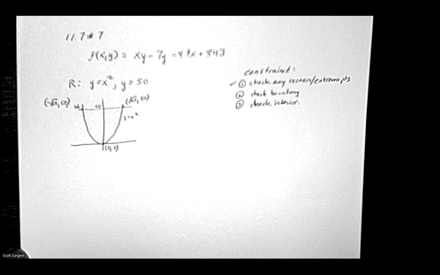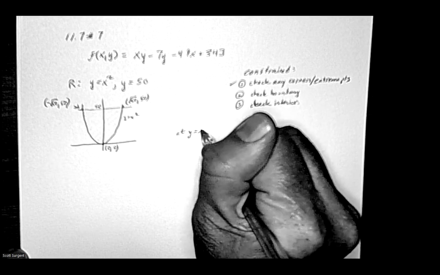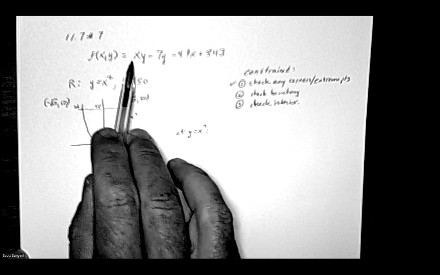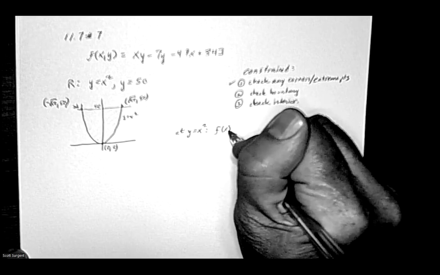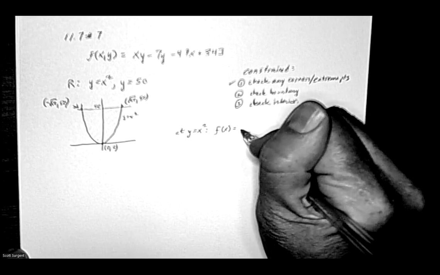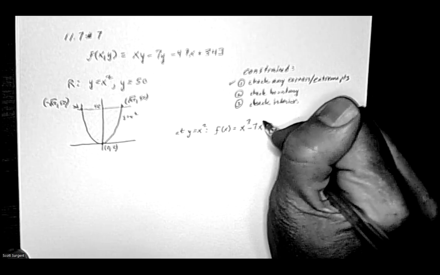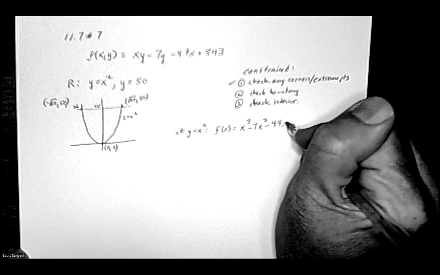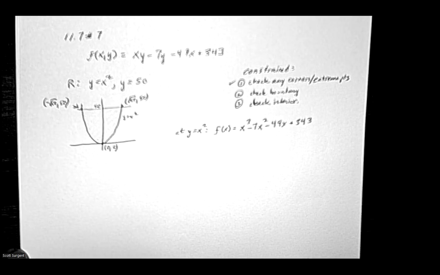When we check the boundary, we have to check them one at a time. At y equals x squared, you just simply substitute x squared into the function. And what happens is it just becomes a traditional f of x function. Now this is a cubic.